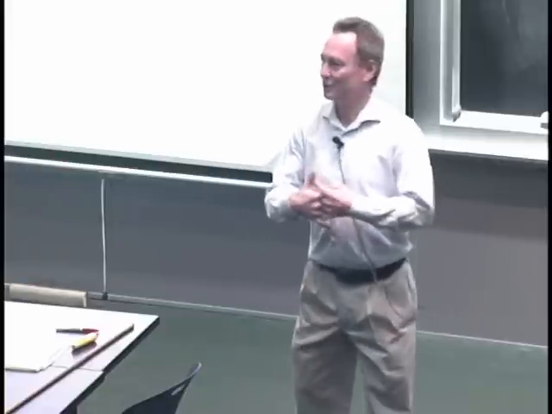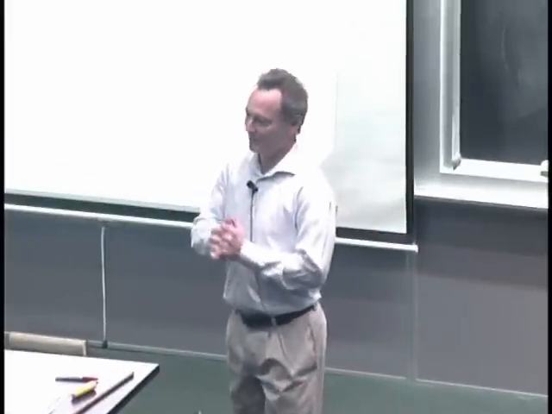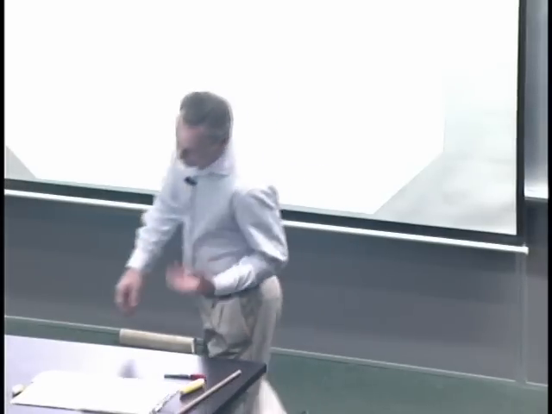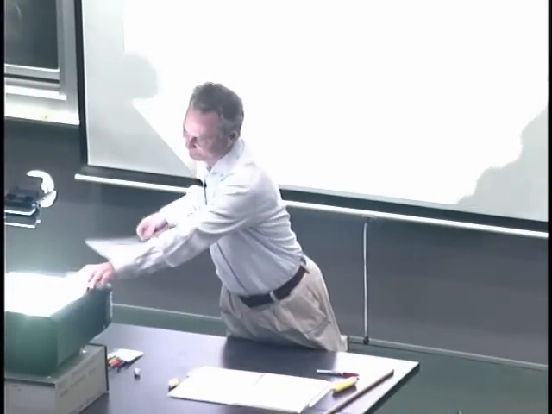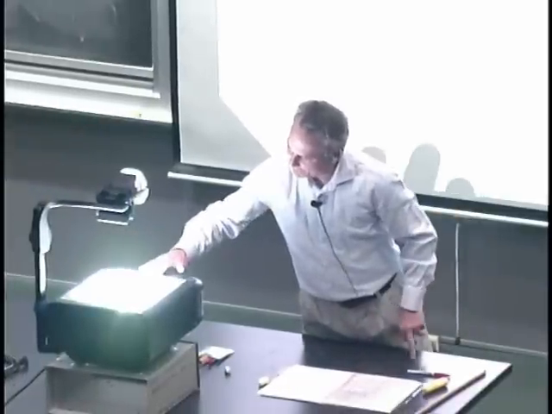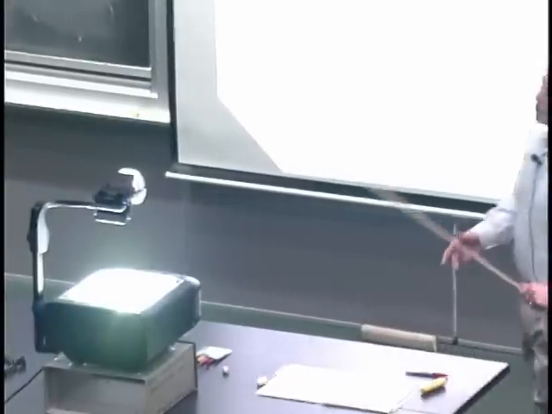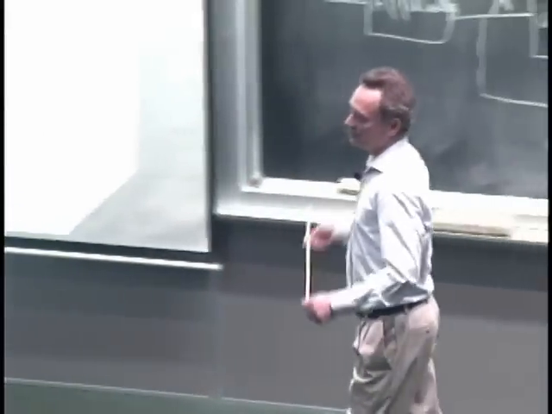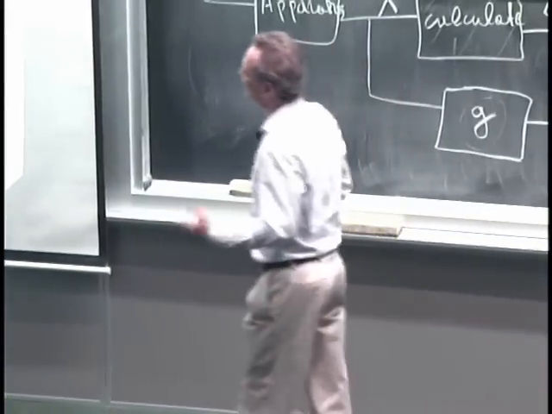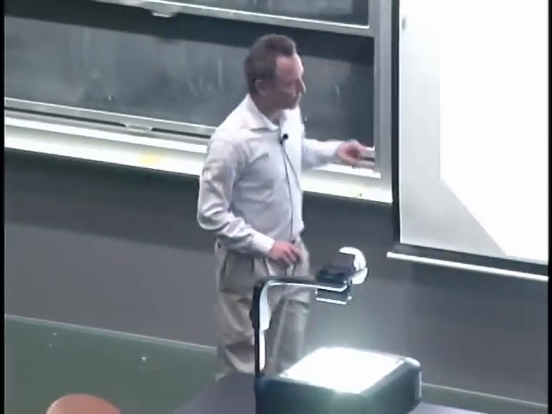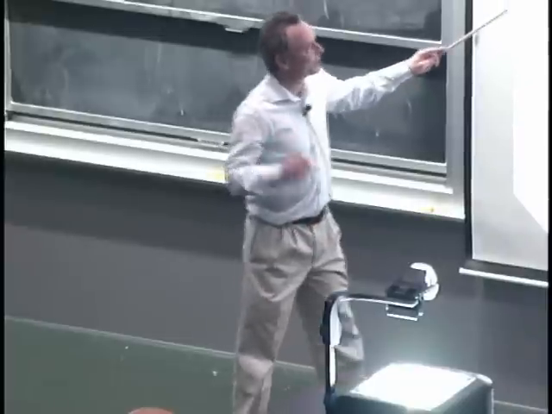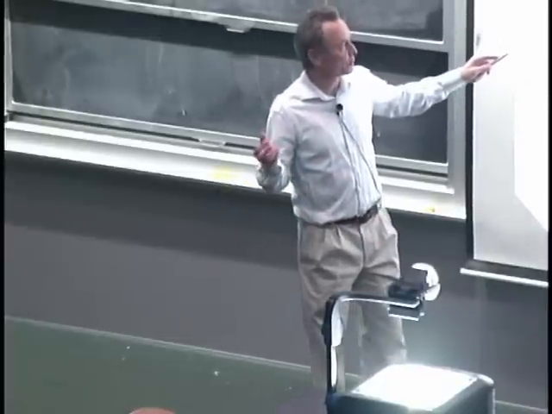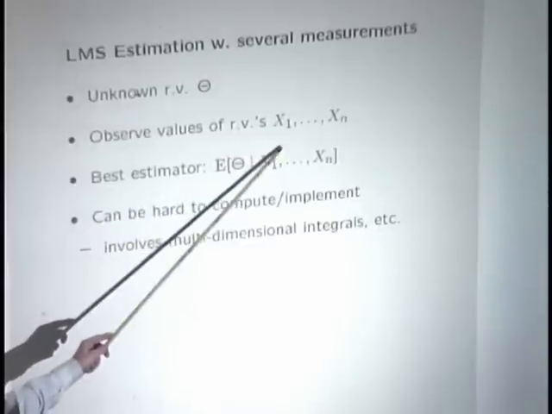Well, if the world was that simple, then statisticians wouldn't be able to find jobs. So real life is not that simple. There are complications, and that perhaps makes their life a little more interesting. So before I get to the complications, one complication is that we deal with vectors instead of just single random variables.